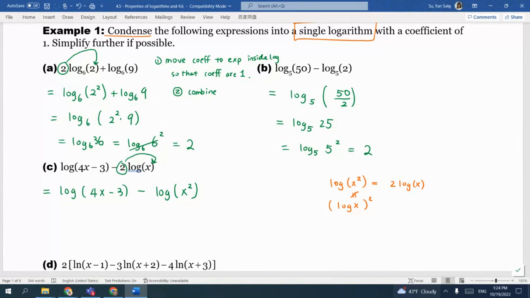The way you put the parentheses makes it different. So this is log of x, and then raise it to the power of 2. And this is not 2 times log x. This is log x times log x. They are not the same. So the way you put the parentheses is very, very important.